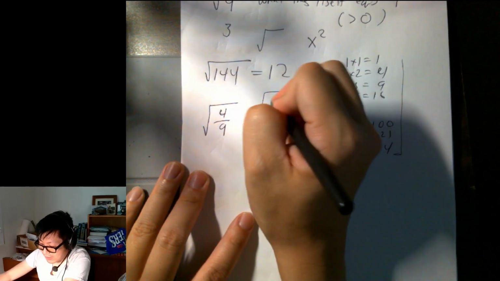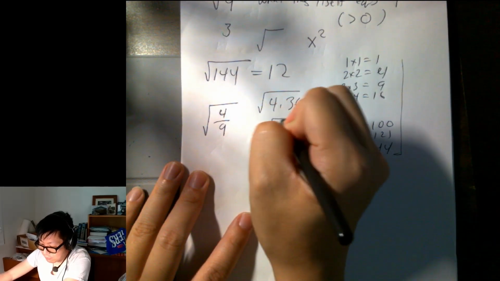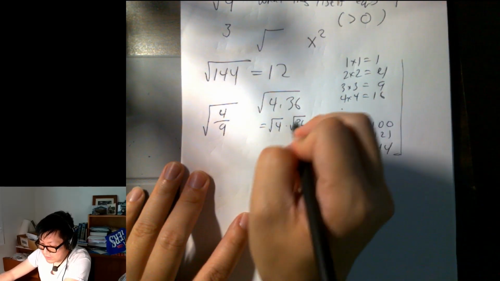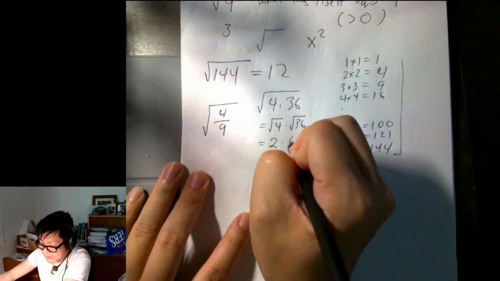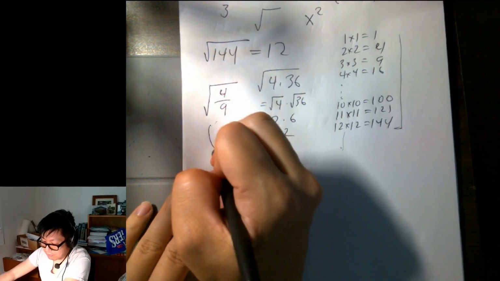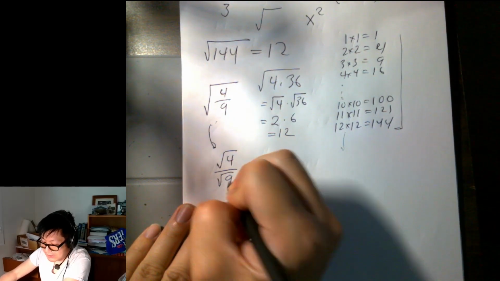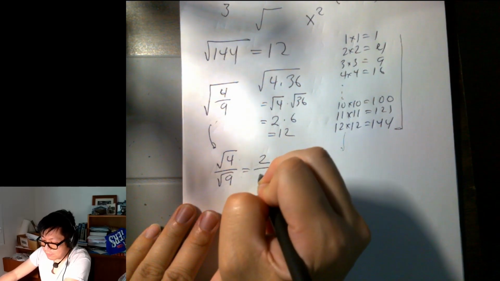So if it were multiplication, if I had 4 times 36 here, I simplify that as square root of 4 times square root of 36 and evaluate each of these square roots. Square root of 4 is 2, square root of 36 is 6, 2 times 6 is 12. Going back to the square root of 4/9, I can apply that square root to each piece and then simplify each piece. Square root of 4 is 2, square root of 9 is 3.